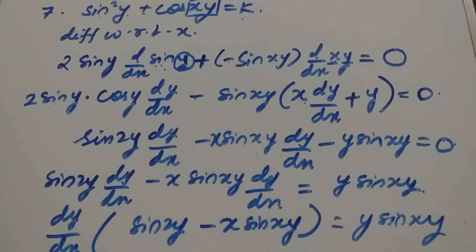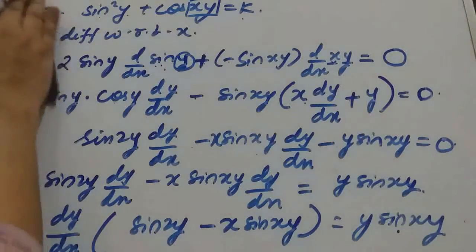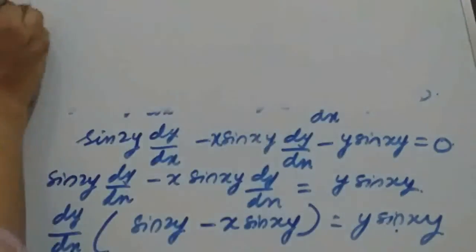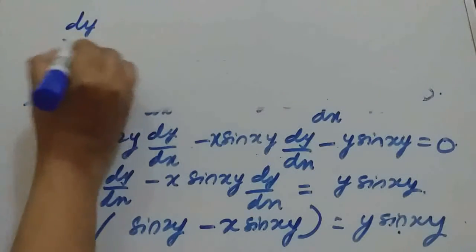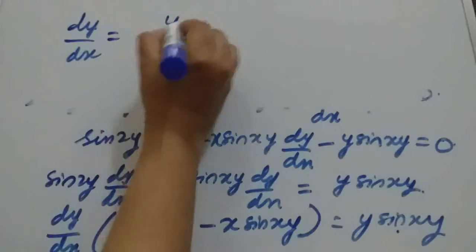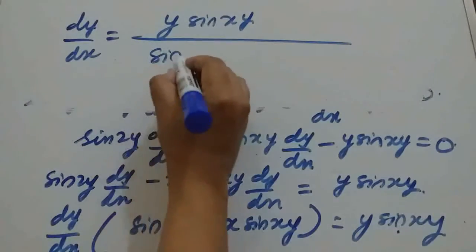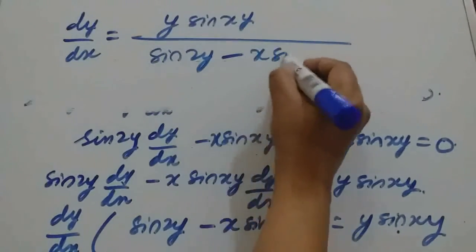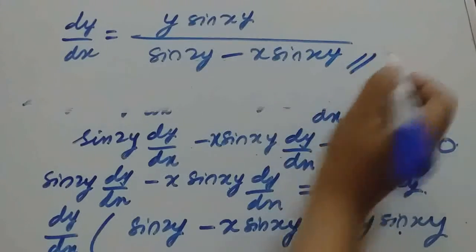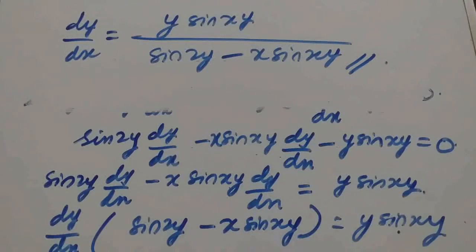So for the final answer, dy by dx is equal to this term divided by this bracket. So dy by dx will be y sine xy divided by sine 2y minus x sine xy. So this is your answer.